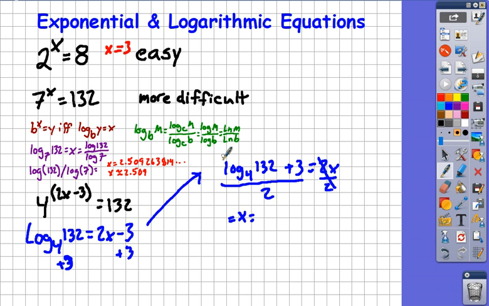So first we got to do this whole denominator. So if I do log, and I have to do change of base, parenthesis 132, close, divide by log of, what is that, 4? All of that we have to add a 3 to it before we divide.